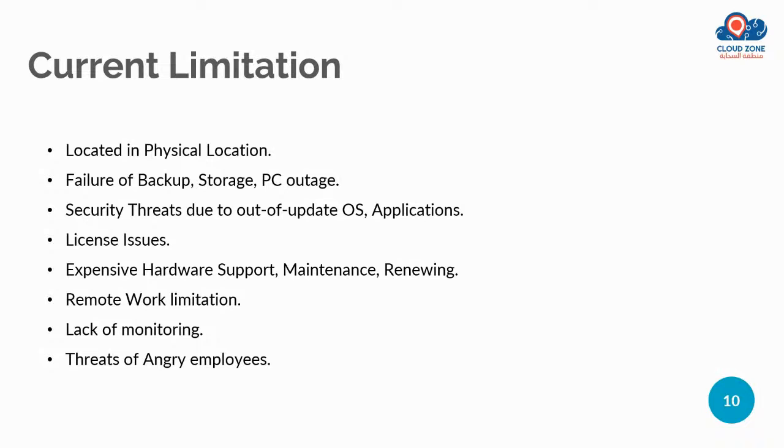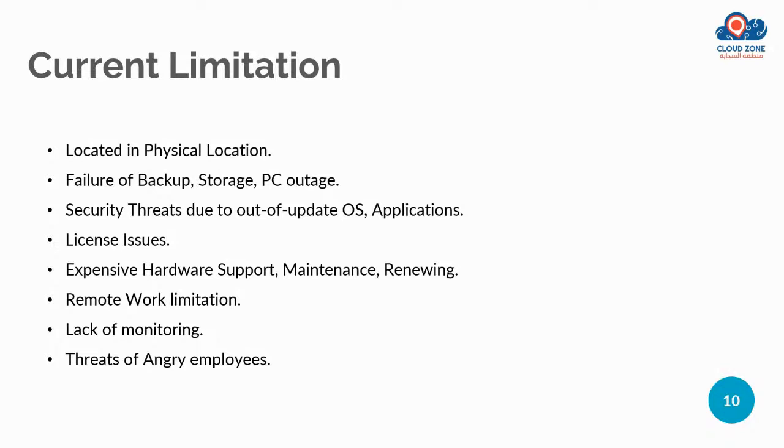Everyone right now is working from home, maybe from outside of corporate networks. So there is again an issue with how you can protect your employees if they are working outside of your network. Also, we have a lack of monitoring, regarding if they use their personal PC, you cannot control their entire system from the corporate network.